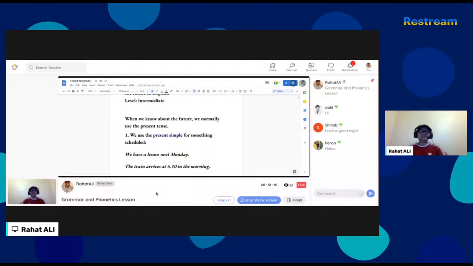You see, these are some of the ways we can express present tense meaning in the future perspective. And it is really important for us to be aware how grammar works.